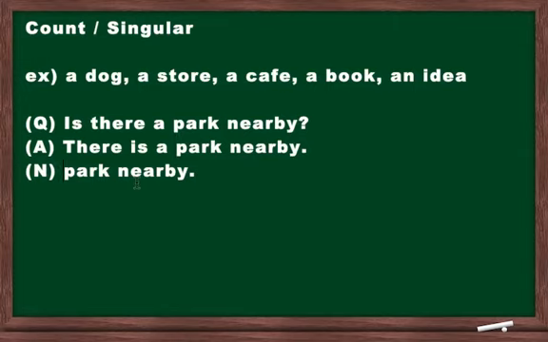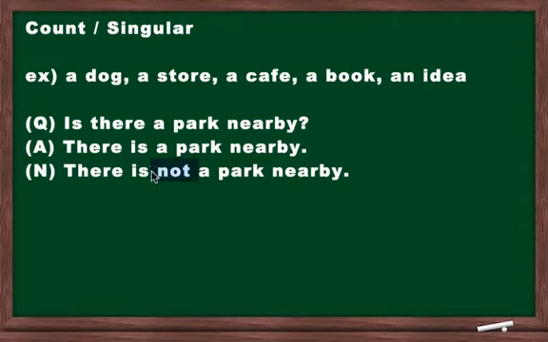And if it's negative, you want to say something in the negative, there is not a park nearby. Now, we usually don't say is not. Usually we contract it and we just say isn't. So there isn't a park nearby. So this is if it's singular. Now notice singular, just one. If there's only one, then we use there is.